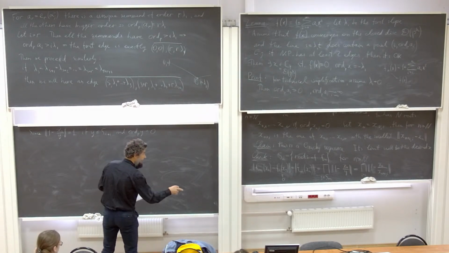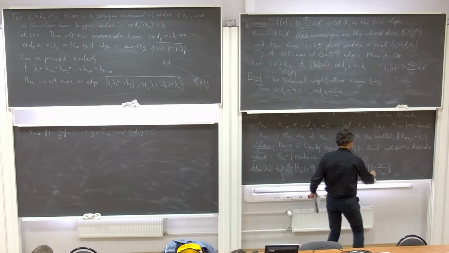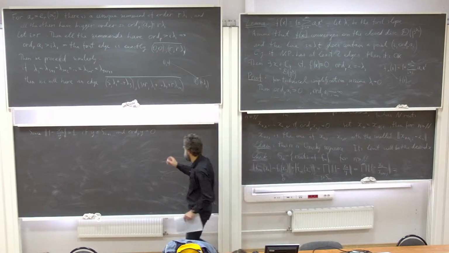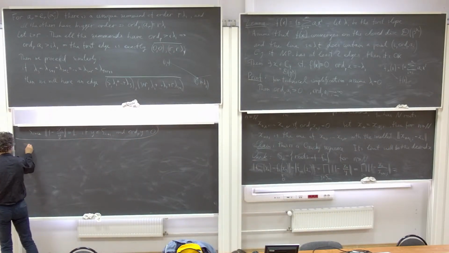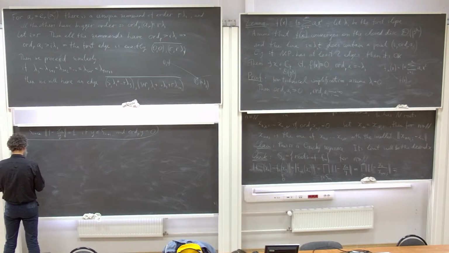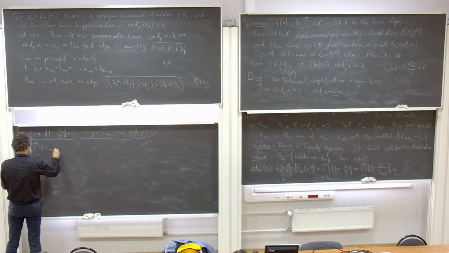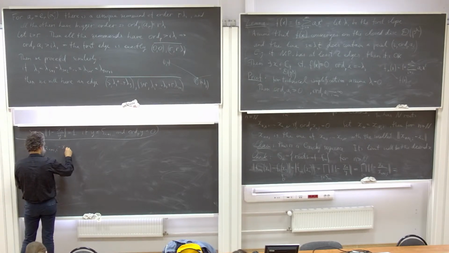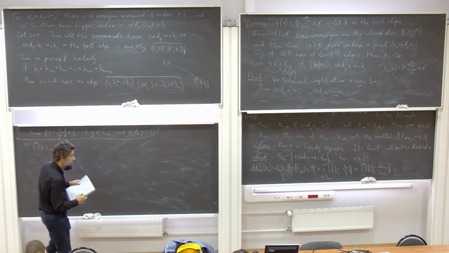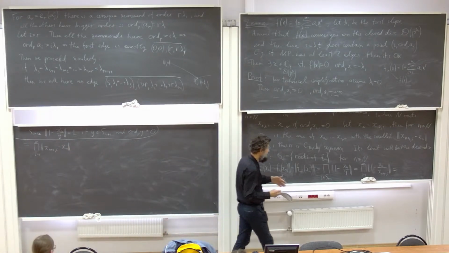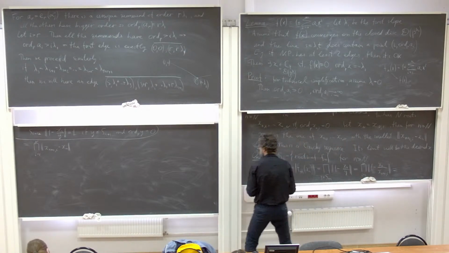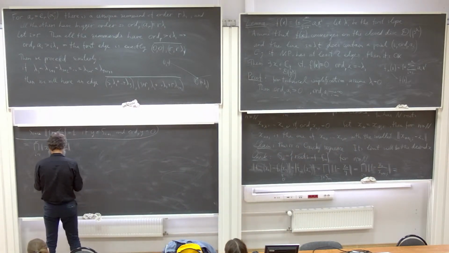Okay, so then this will be equal to the product from 1 to N of the norms of x_{n+1,i} minus x_n, just because x has order 0 and we can just multiply by it.